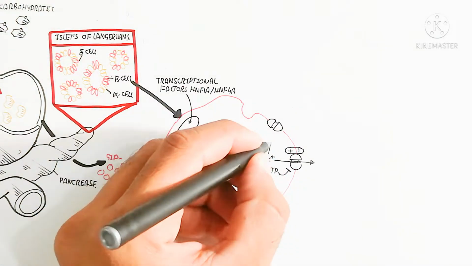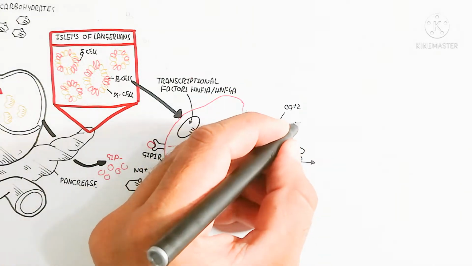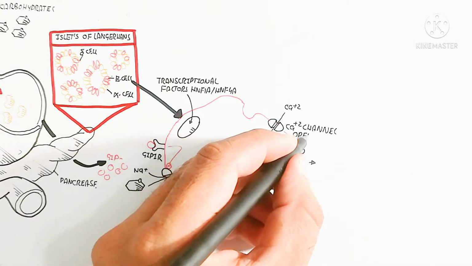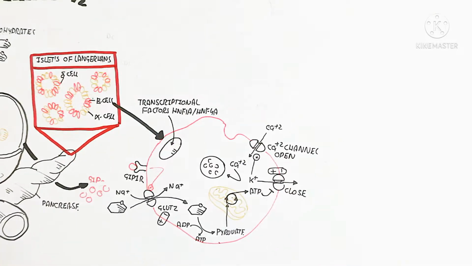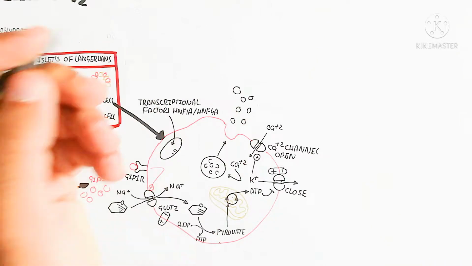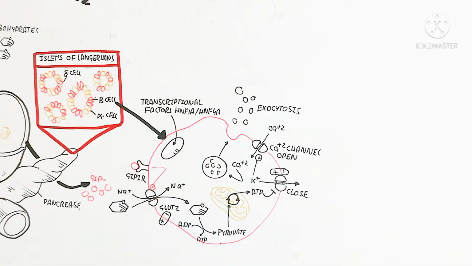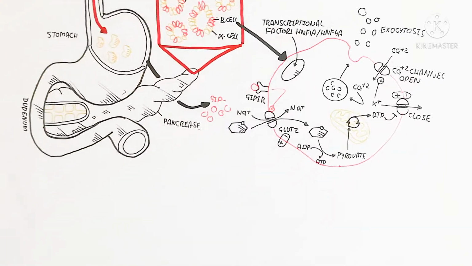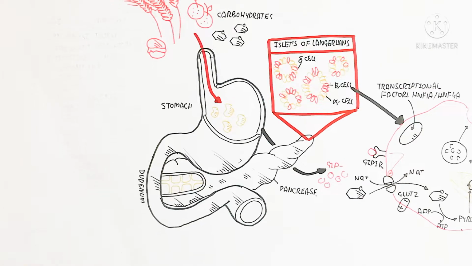This depolarization increases the positive charge inside while the outside is negative, the opposite. So the calcium channel opens, and the calcium moves inside, which triggers the insulin vesicles to go out endocrinally into the bloodstream.